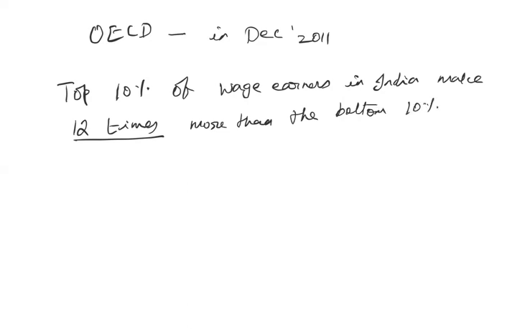So the richest, the high professionals, all those people, whatever income they are earning is 10 or 12 times more than the bottom 10%.